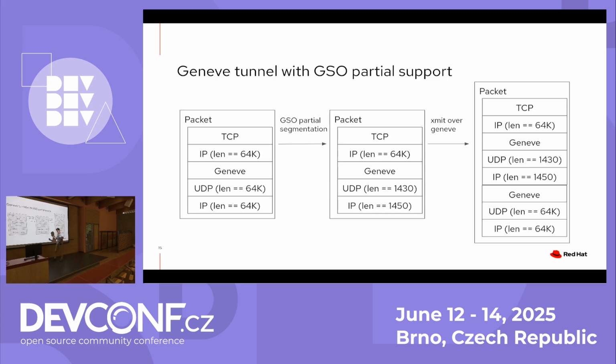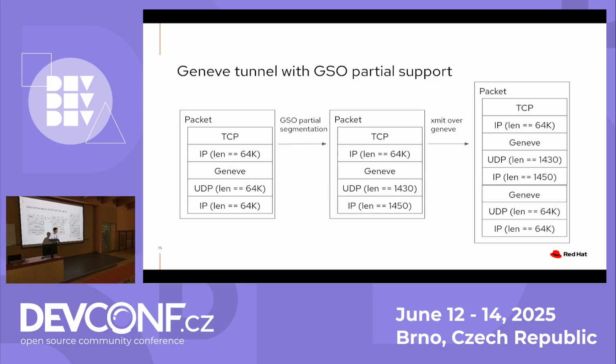But that is less of a problem than you may guess, or actually is really the trick that helps the kernel and the NIC handle offload for this kind of packet, because this whole section here is considered constant. So the only headers that will be touched during segmentation are this one and this one.